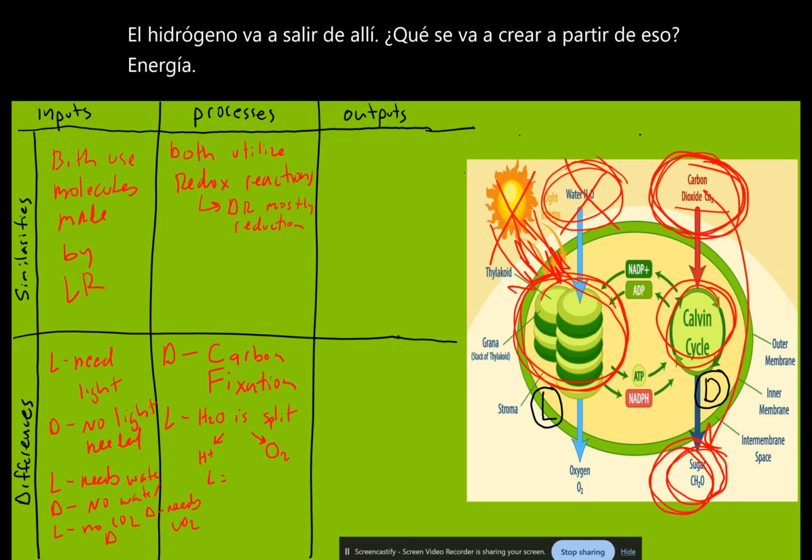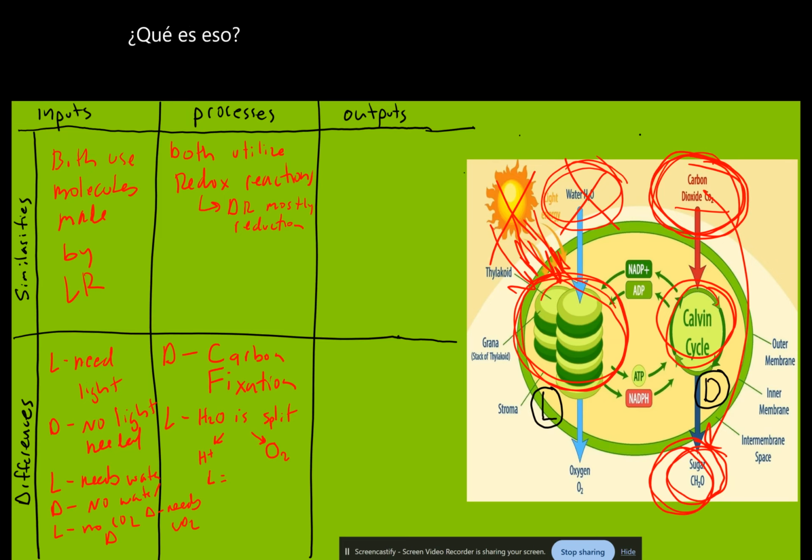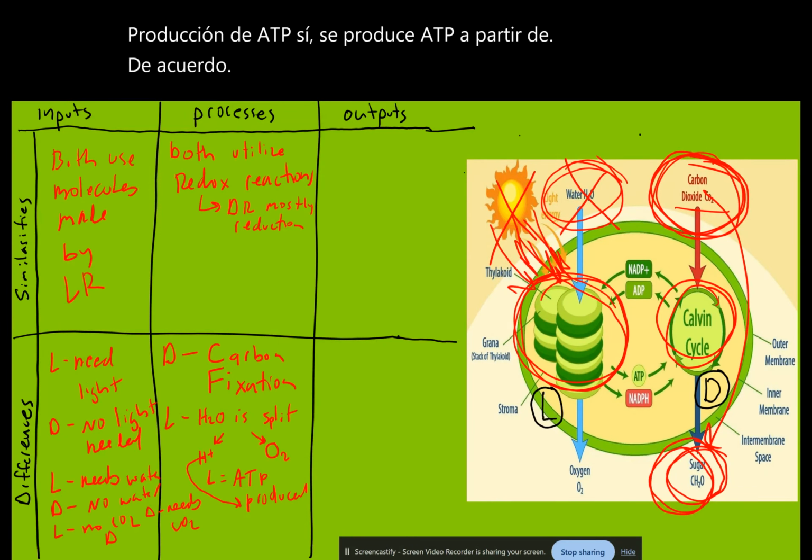What's that? ATP production. Yeah, ATP is produced from all this hydrogen. Okay? And there's one other thing.